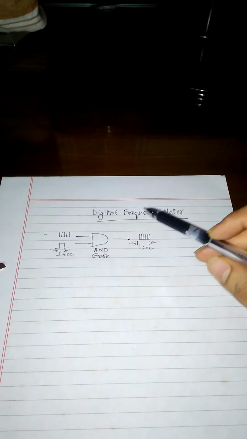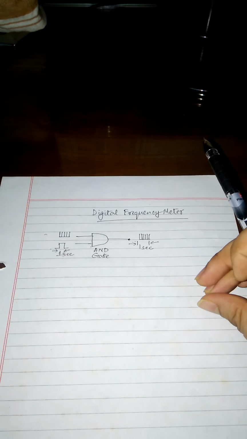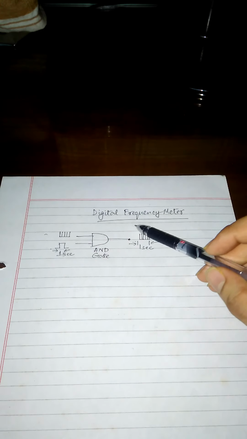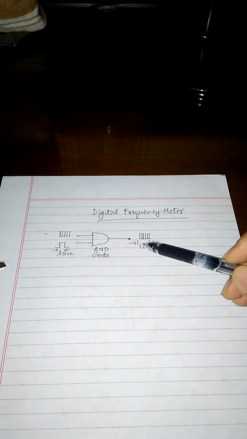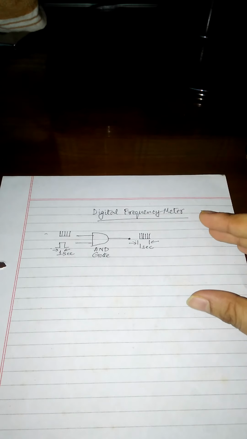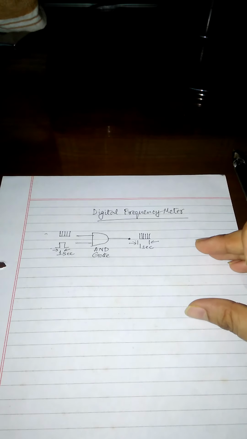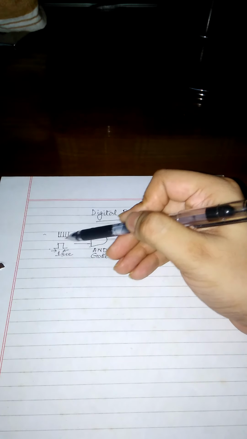Now as it is a digital frequency meter, as we discussed in the earlier class for digital instruments, it uses discretized values and digital logic circuits and techniques. For a digital frequency meter, these are the pulses.